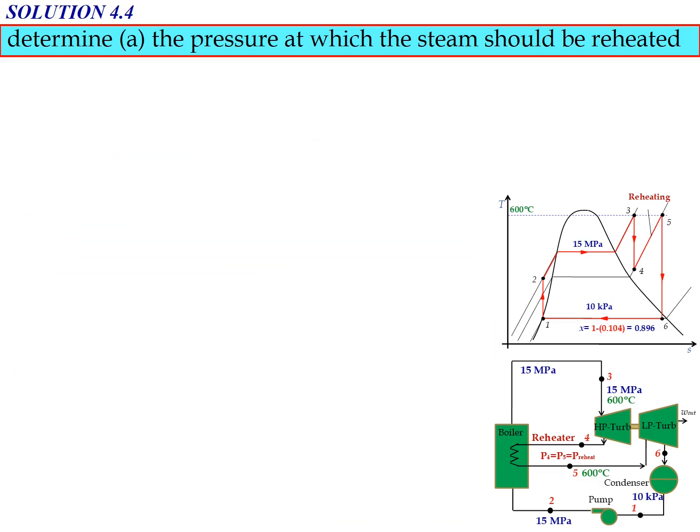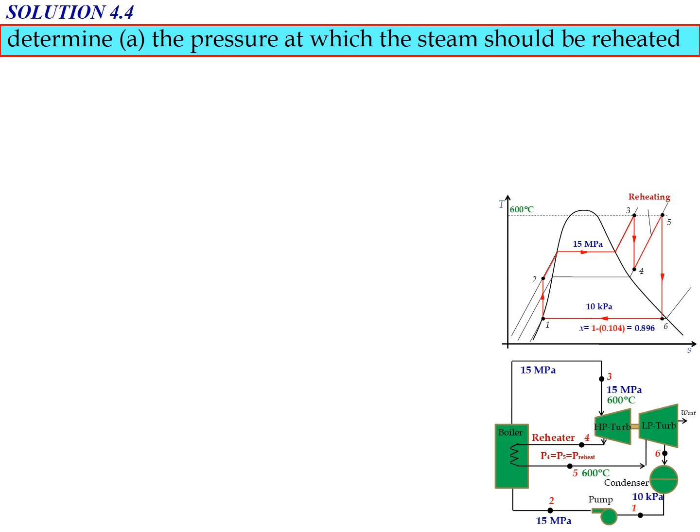Okay, after we have determined state number 6, now we need to determine state number 5. We still cannot determine state number 4 because we don't have enough information. But for state number 5, we can manipulate the data that we obtained for state number 6 in order to obtain the important parameters for state number 5.